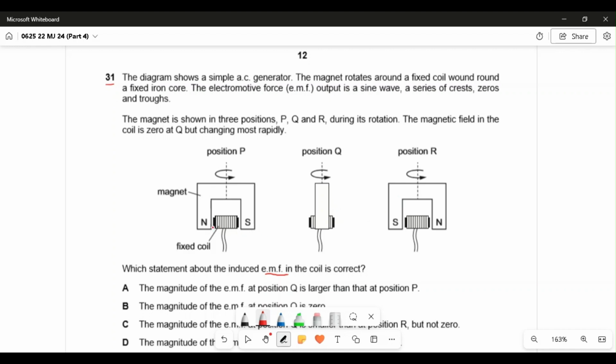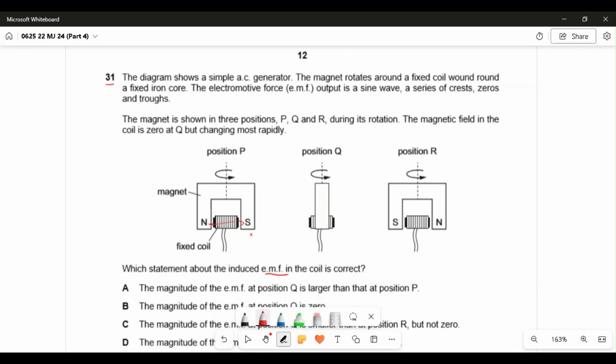Here, magnetic field lines pass through from north to south, perpendicular to the coil.